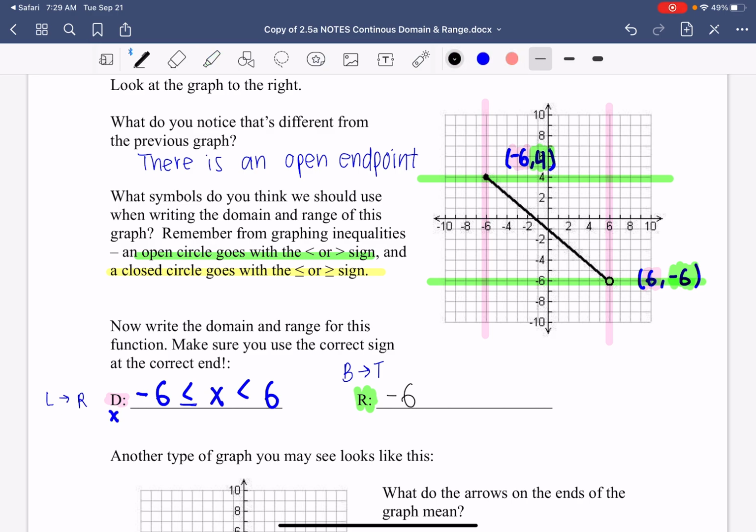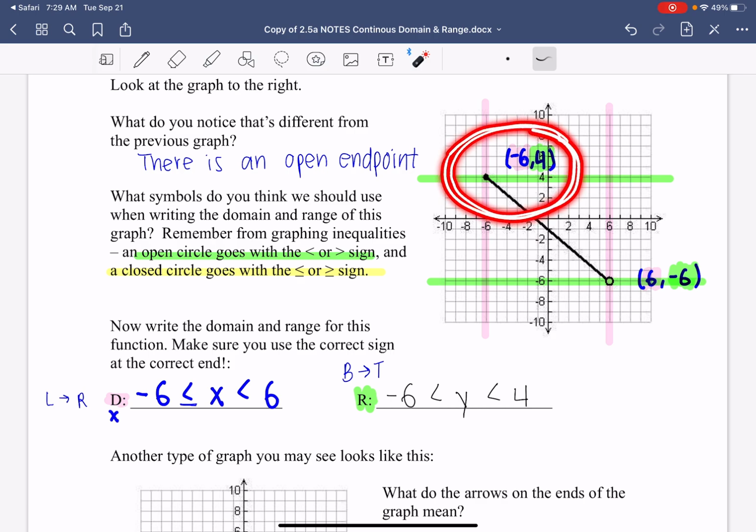So then it's -6, y is in the middle, 4 is to the right. And again, our inequalities always face the same way. But now we must determine which one gets the included point. So the one that gets the equal to sign with it is the one that's with the closed end point, which is a 4. So 4 gets the less than or equal to sign.